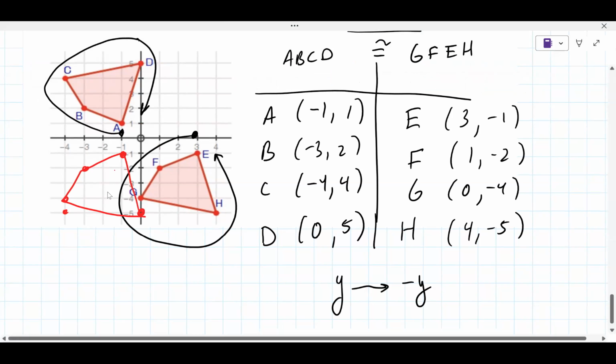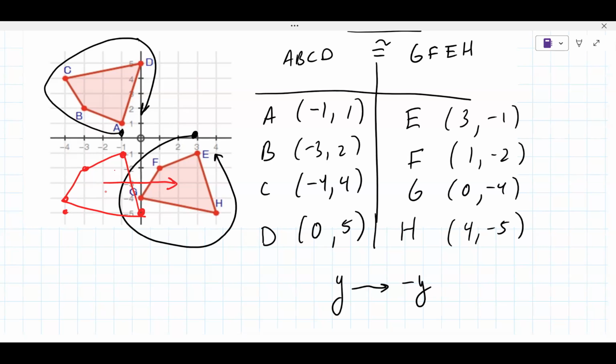Yeah. Now maybe you see that everything is pushed to the right to get to this new one. How many units? This point up here where my cursor is moves 1, 2, 3, 4. This point here moves 1, 2, 3, 4. This next point moves 1, 2, 3, 4. This point moves 1, 2, 3, 4.